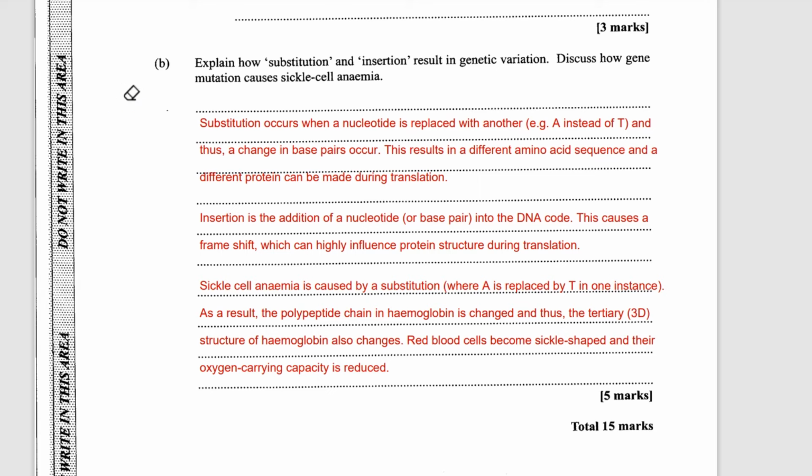We don't need to talk about all of that, but the point is that the blueprint is wrong. The instructions are written wrong. So the construction of the building is going to come out wrong.